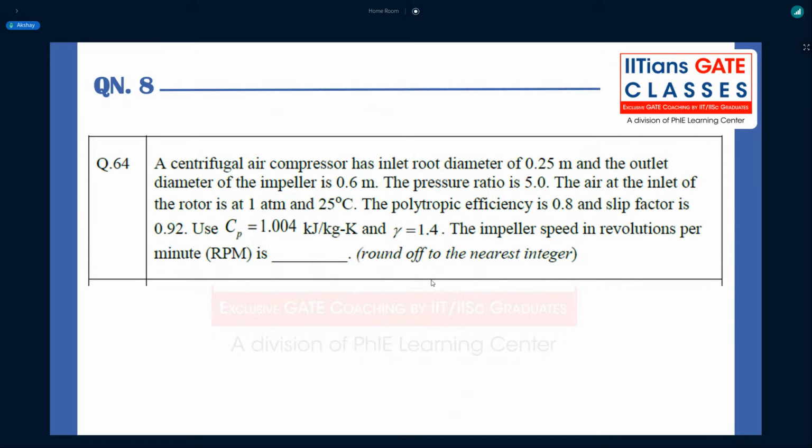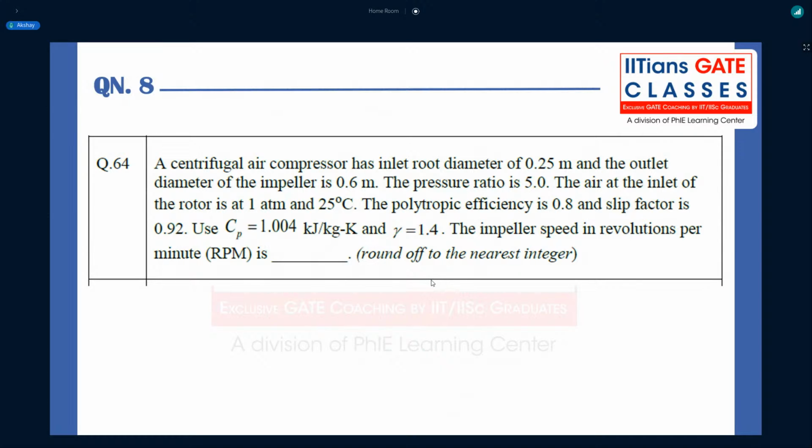The air at the inlet of the rotor is 1 atmosphere and 25 degrees Celsius. The polytropic efficiency is 0.8 and the slip factor is 0.92. Use Cp is equal to 1004 joules per kg Kelvin and gamma is 1.4. The impeller speed in revolutions per minute is.